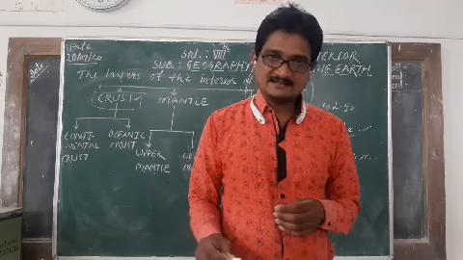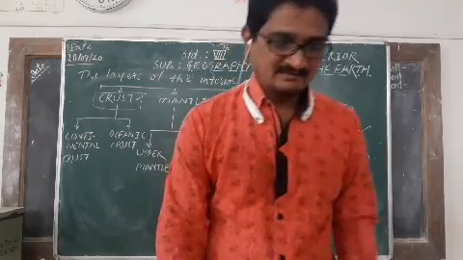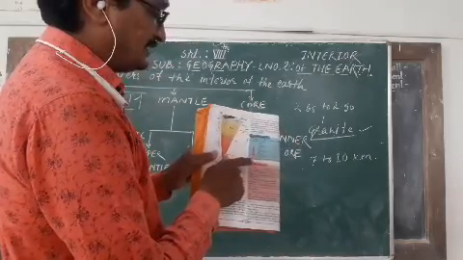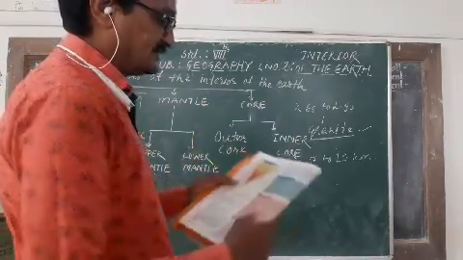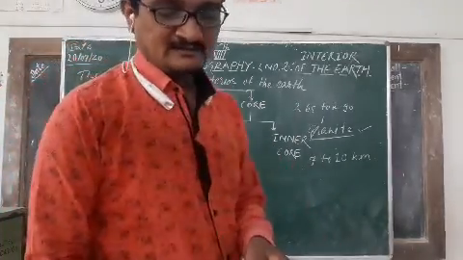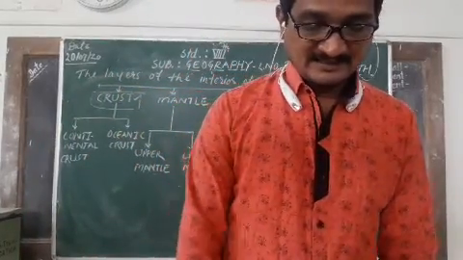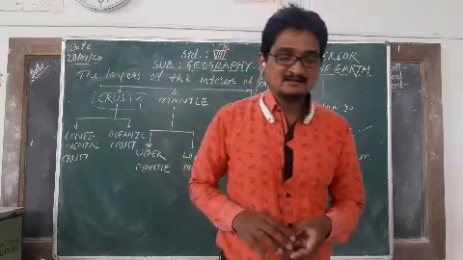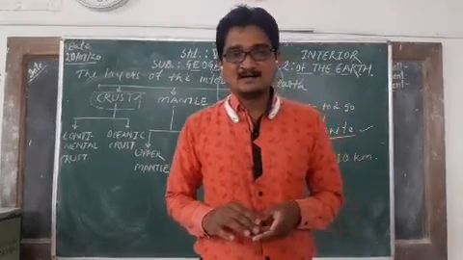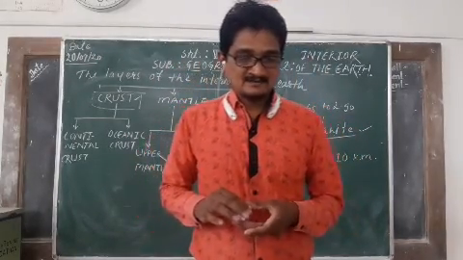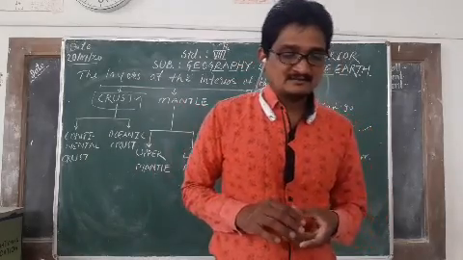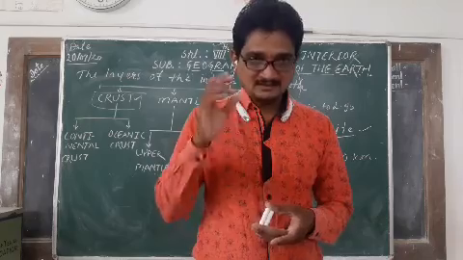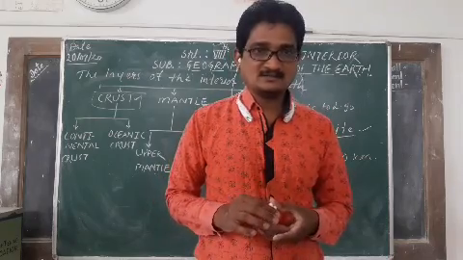Low to high density. This one has been given in the box, low to high density. First one is silica, aluminium, then again silica, magnesium, nickel, ferrous or iron. So these are the elements found in various layers of the earth. Note down these points also.